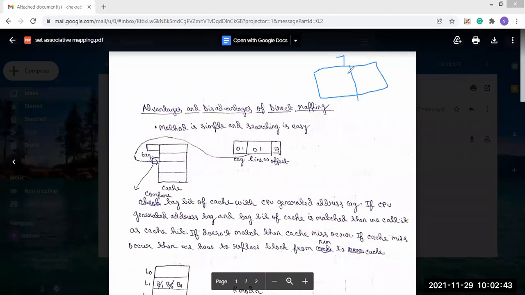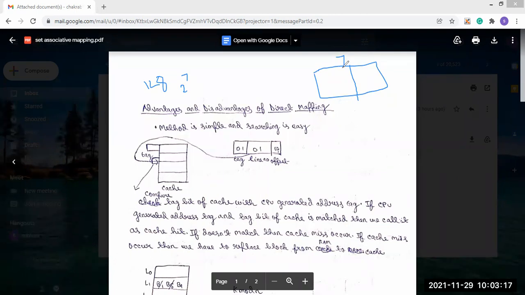The physical address is 7 bits because the memory is capable of storing 128 words, or 128 bytes of data. To represent 128, how many bits are required? We require 2 to the power 7, that means 7 bits. That's why the physical address has a length of 7 bits.